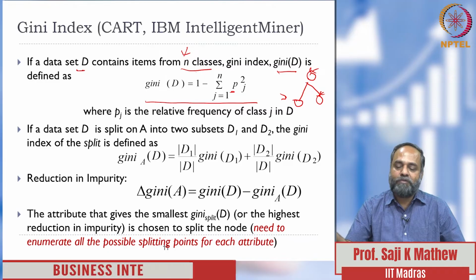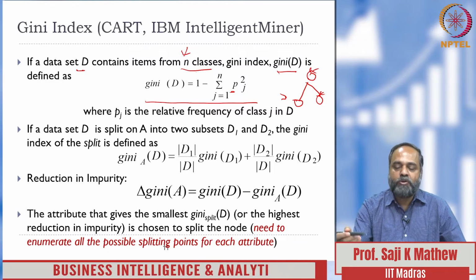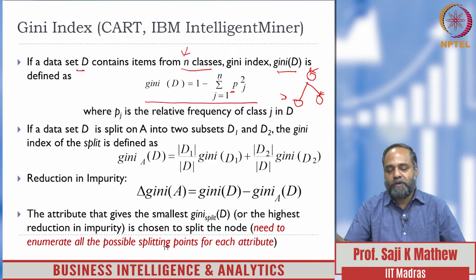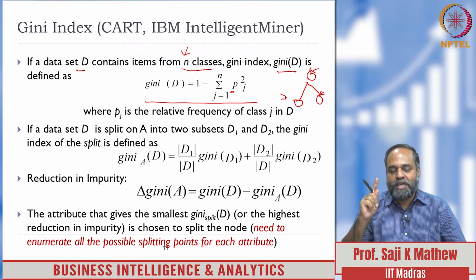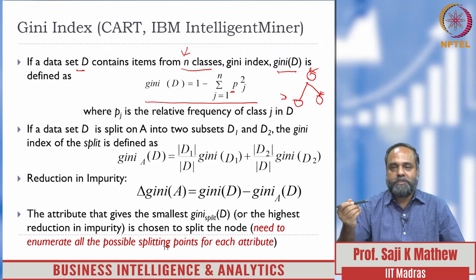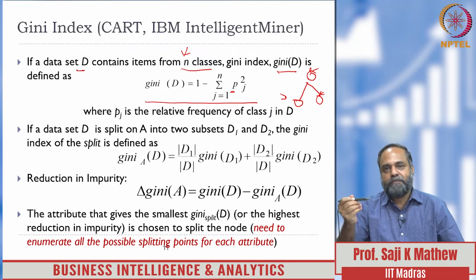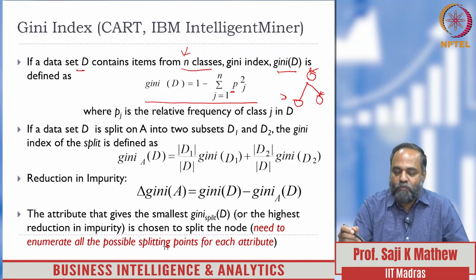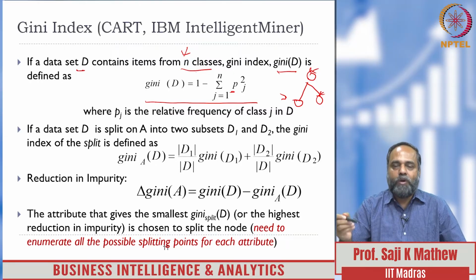If it is a categorical variable and not a binary variable, you can extend this to n number of classes. That is a generic formula. And that is about one node. The purity of one node as measured by the Gini score is given by this formula. Now what is more important for a decision tree split is the overall purity of a split.